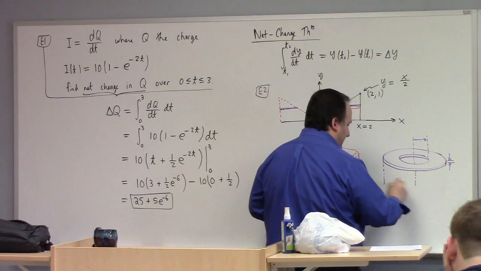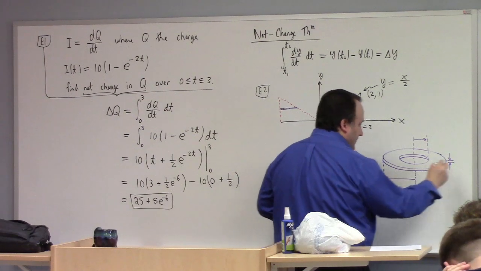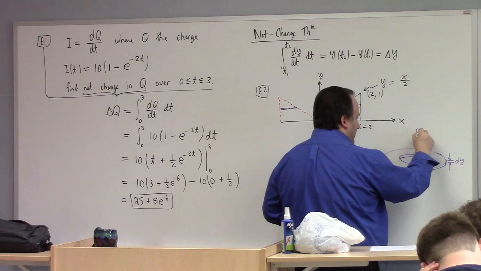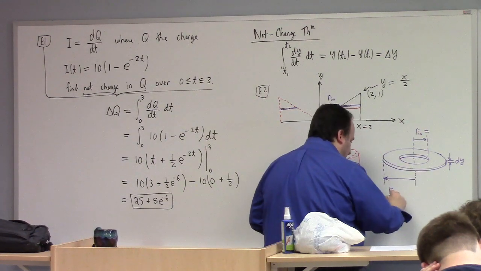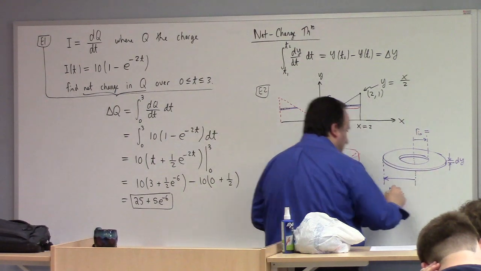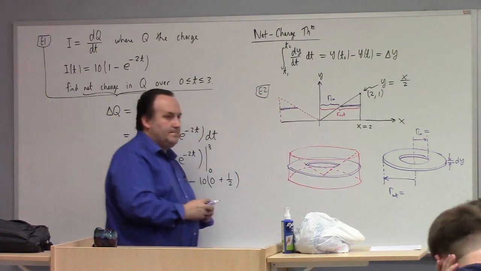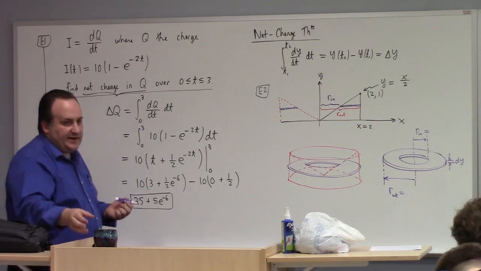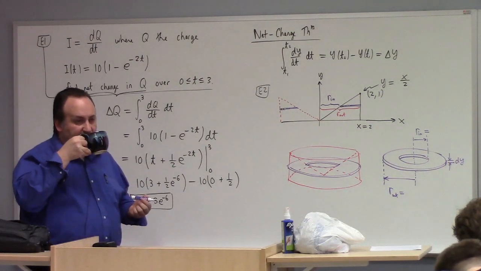Yeah, that's right. So we've got dy here. This is r in. And down here you've got r out. What's r out equal to? That's the easy one. What's the outer radius for every washer you can envision here?